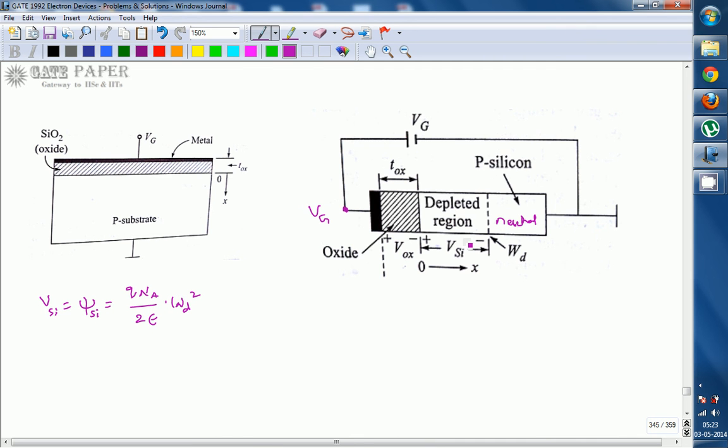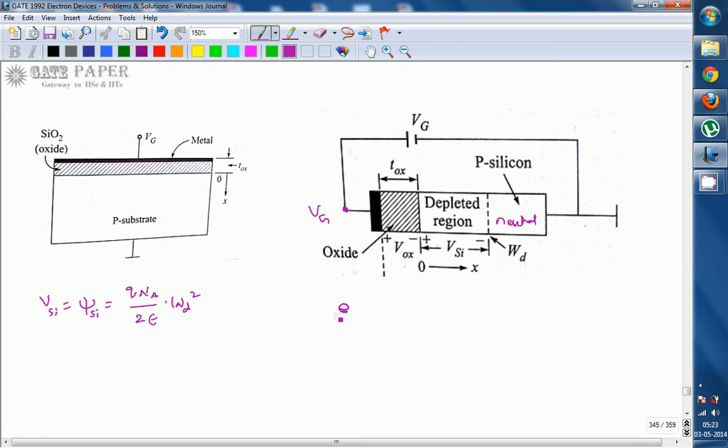If you want to see how to draw the electric field, first we consider that it is given as an ideal MOS capacitor, which has zero charge within the oxide layer. The characteristic of an ideal MOS capacitor is that it doesn't have any charges within the oxide layer. Whenever there are no charges within the oxide layer, the electric field within the oxide is treated as constant.